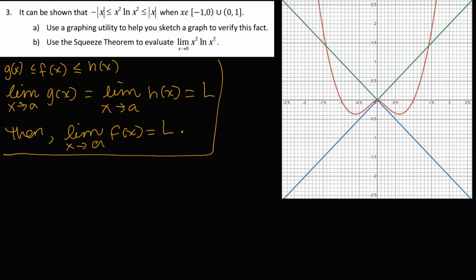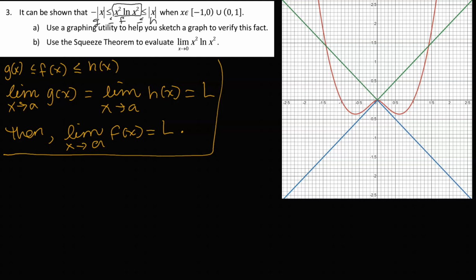So in this case, the question is telling you that it can be proven that our function right here, that is our f, is in between negative absolute value of x, which would be the function g, and absolute value of x, and that would be the function h.